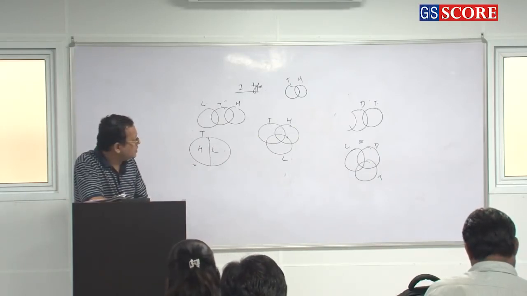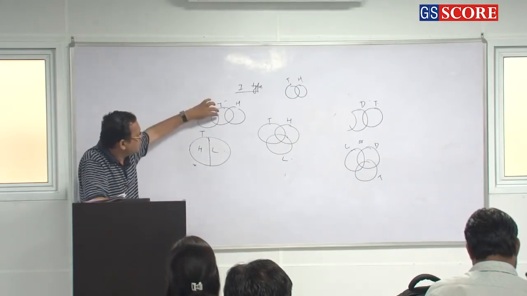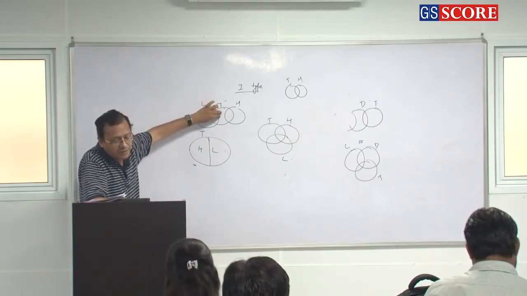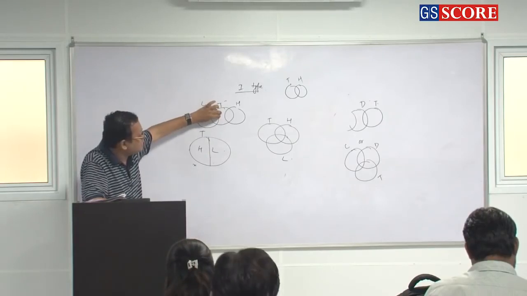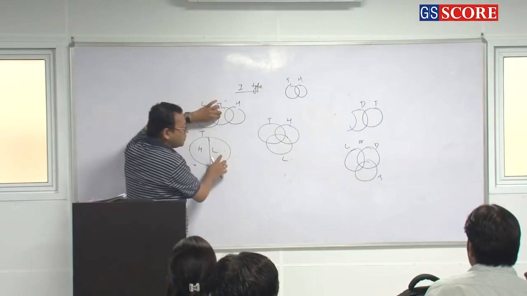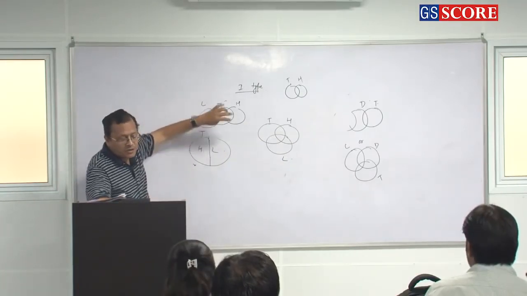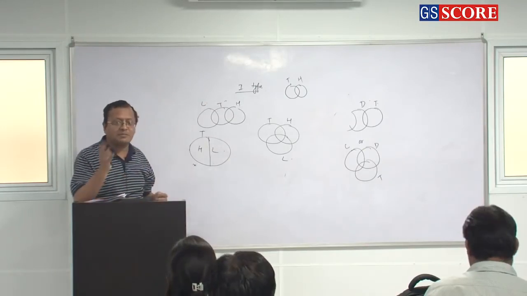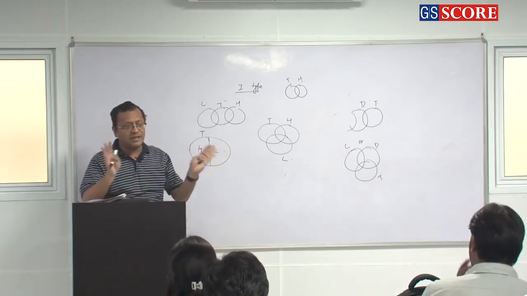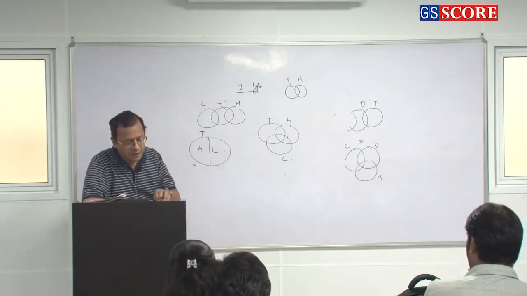Some taxis have neither horn nor light, and some taxis have horns as well as lights. But what about this one? So with 2 and 3, something else can follow. So 2 and 3 alone cannot make the universe. So option B is gone.